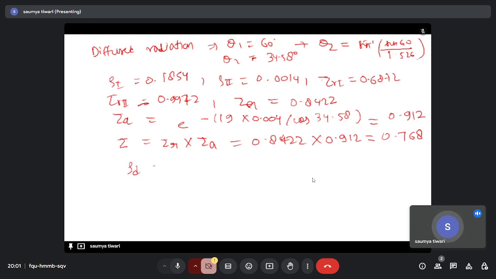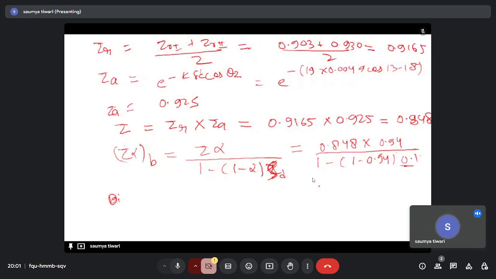Now this rho d value is actually tau a minus this tau, right? So 0.912 minus 0.768, which will be 0.144. This value we put here, 0.144, and we solve, and this value becomes 0.804. This is your answer for beam radiation.